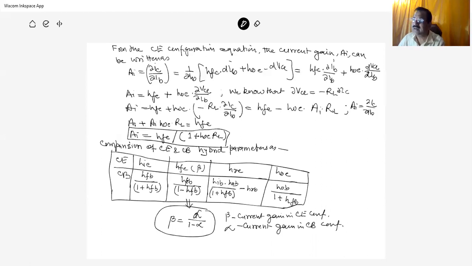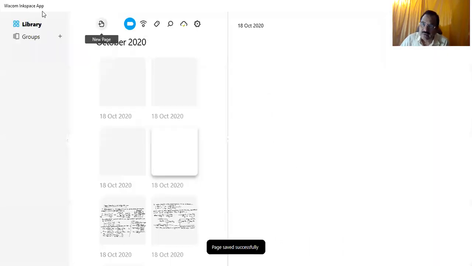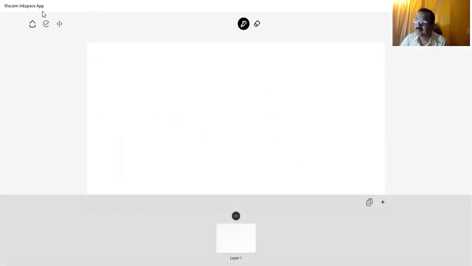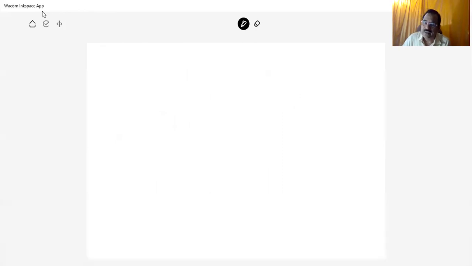Now the next part is to have this equation, the transfer characteristic, the plot.